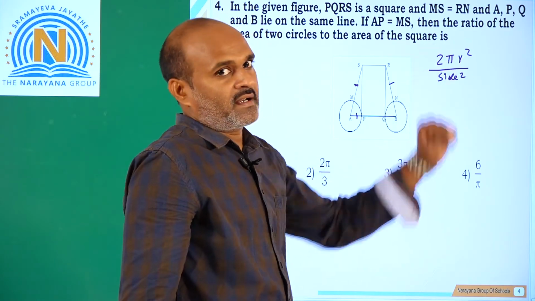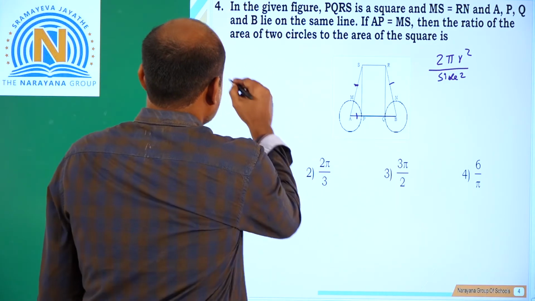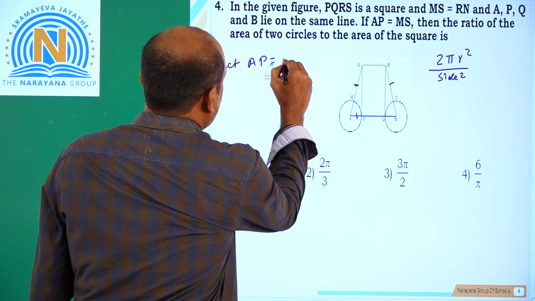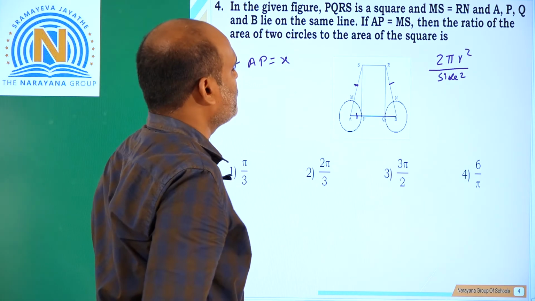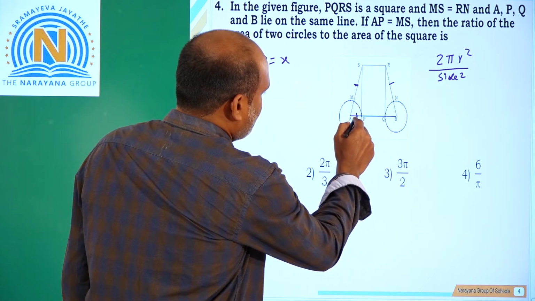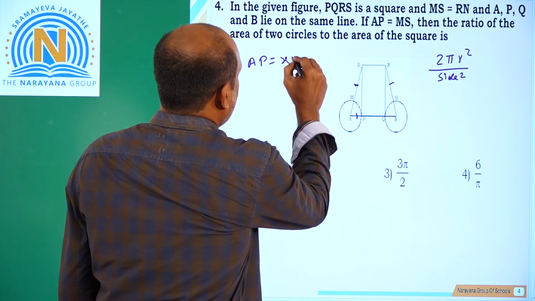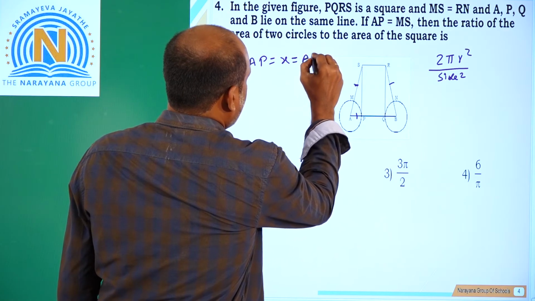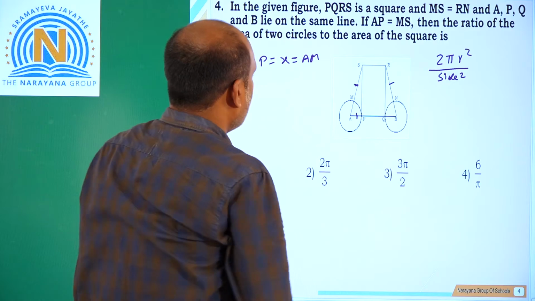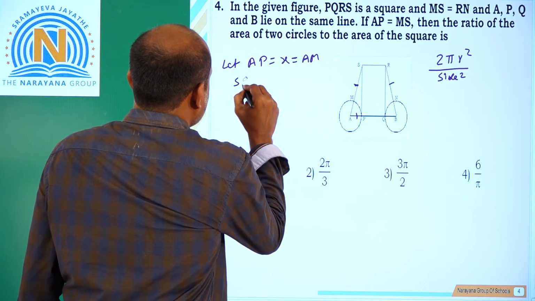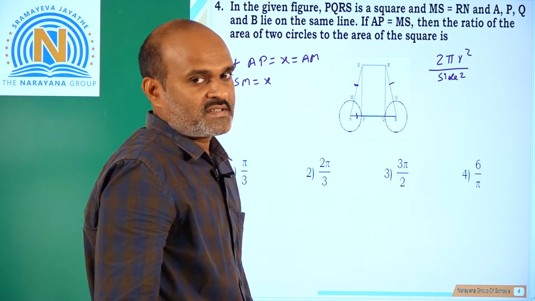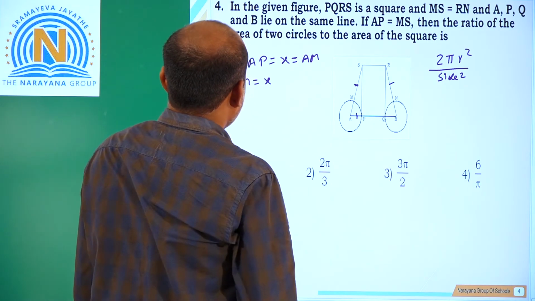Now for that, let us take AP is equal to x. AP is equal to x means AP is nothing but the radius of the circle. So AM is also x, and SM is also x.